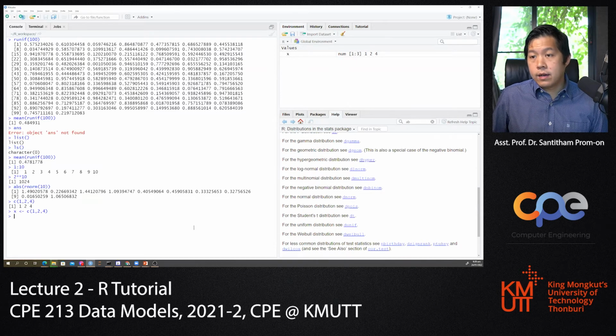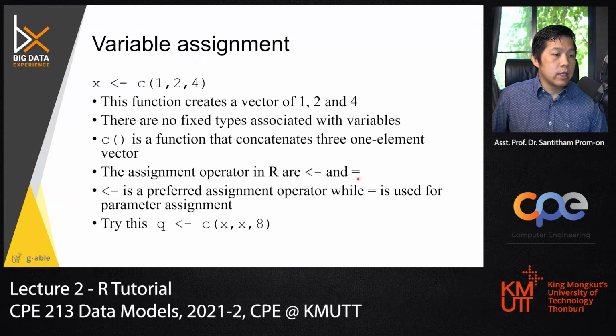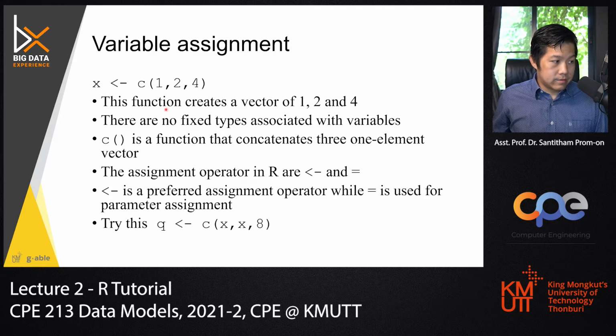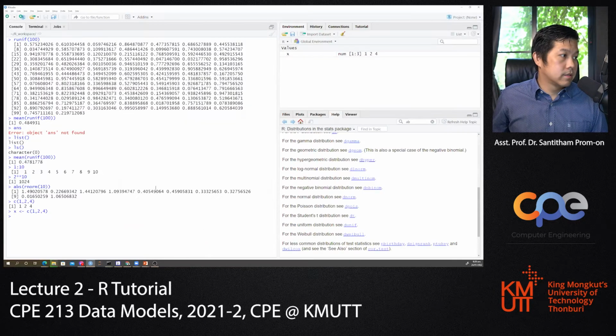Okay, and you can actually use equal as well, but for me, equal is usually preferable when you use this with parameters. But for assignment, the arrow is preferred for the variable assignment like this. For example, q here. If you use q and then assign c(x, 8), this is the concatenation.